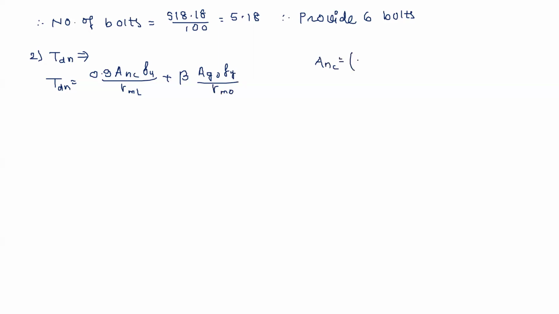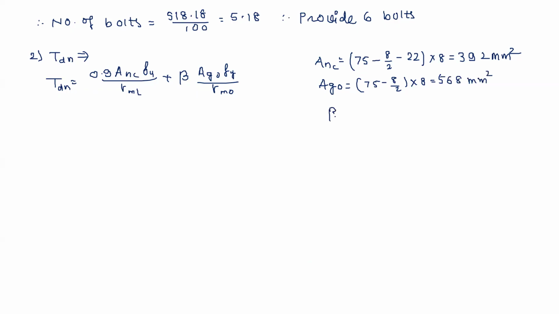I will not write the formula: we have (b minus t by 2) minus n into dh into t, and the value of Anc we have is 392 millimeters square. We have Ago, 75 minus 8 by 2 into 8, and we have this value 568 millimeters square.